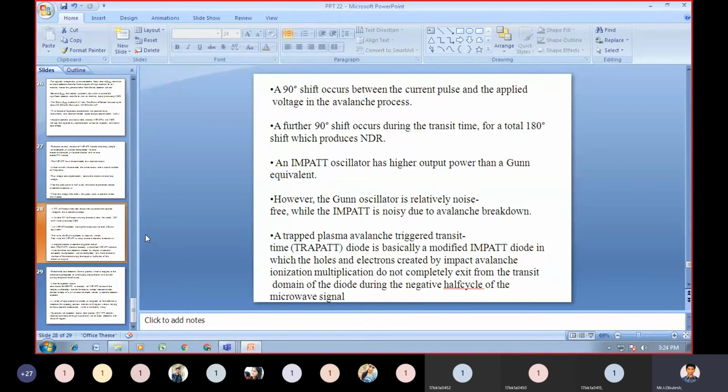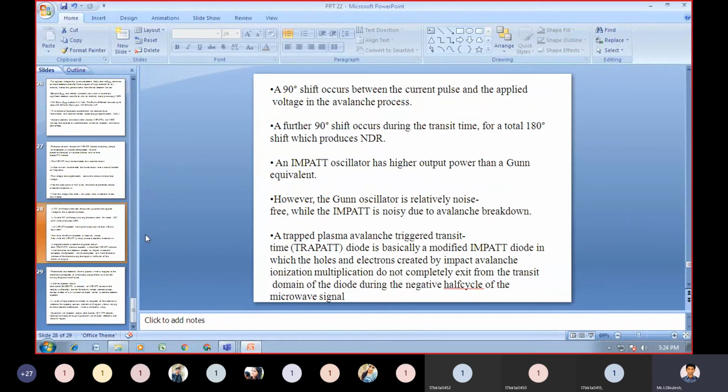A trapped plasma avalanche triggered transit time diode is basically TRAPATT. You need to remember TRAPATT: trapped plasma avalanche triggered transit time.